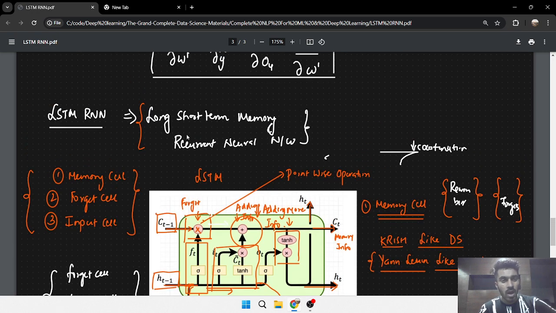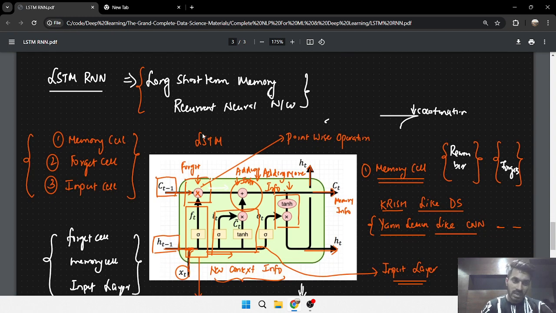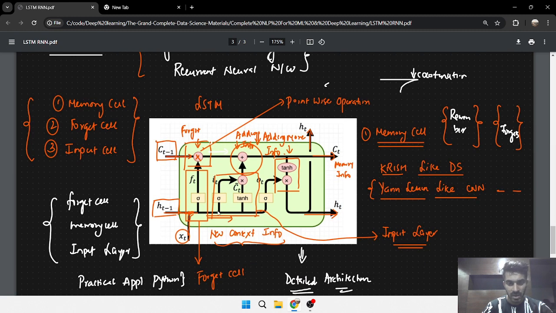So LSTM is long short term memory RNN. In LSTM we have this upper line, which is known as the long term memory, and the lower one is known as the short term dependency.